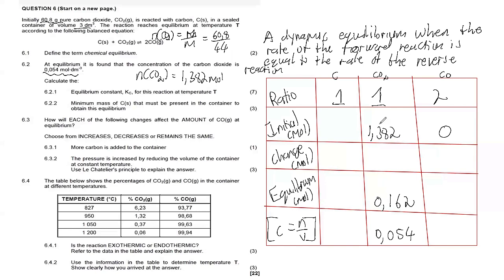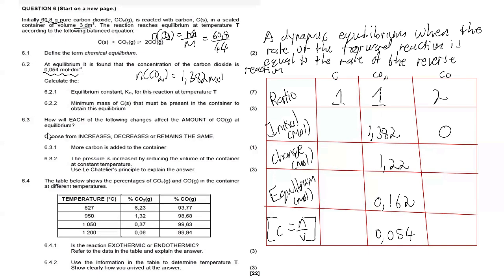Now, to get the change in the number of moles, it's just a matter of taking this, subtract that. So 1.382 minus 0.162 gives me 1.22. To find the change in the number of moles of the carbon monoxide, I have to use ratios.